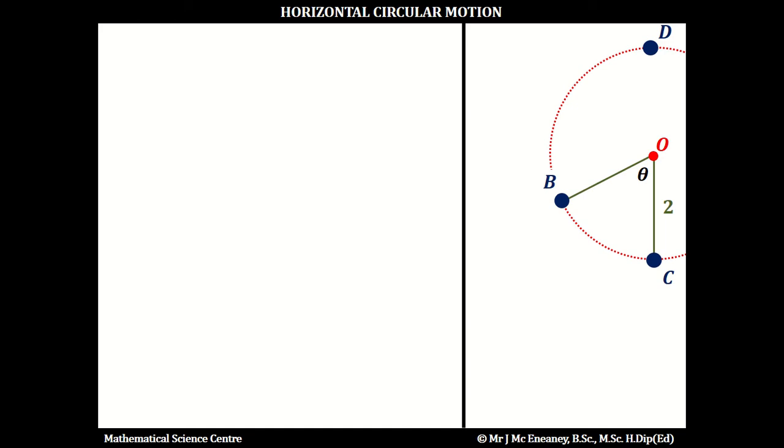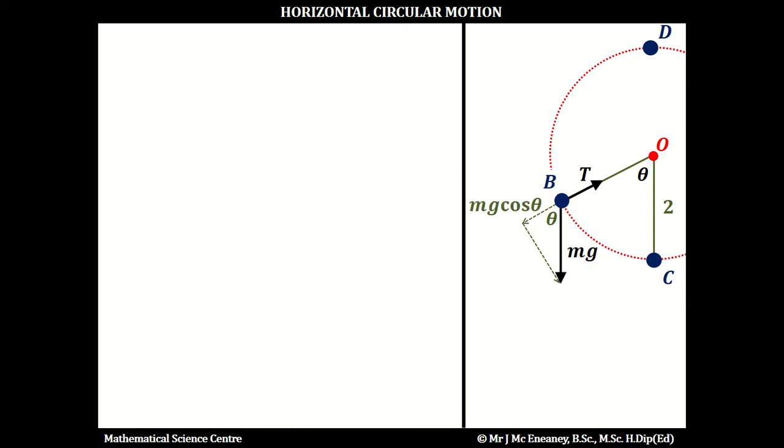Next of all, we're going to examine the forces on the particle when it's in position B. So the two forces are the weight and the tension. Now we need to split up the weight into parallel and perpendicular components. And if this is an angle theta, this is an angle theta also. So if this is mg, this component would be mg cos theta.